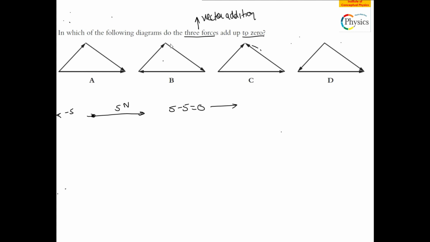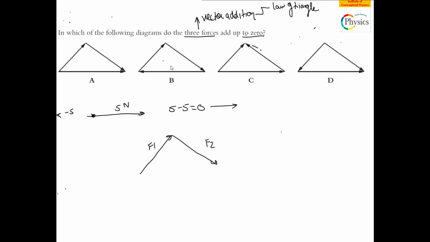Let's think through this. If you notice, the triangle number 1 has force 1, and then there is a force 2, and of course they've drawn a force 3. But if you think logically, force 1 and force 2, if you use the vector addition law, which is the law of triangle used for vector addition, what does it tell you?